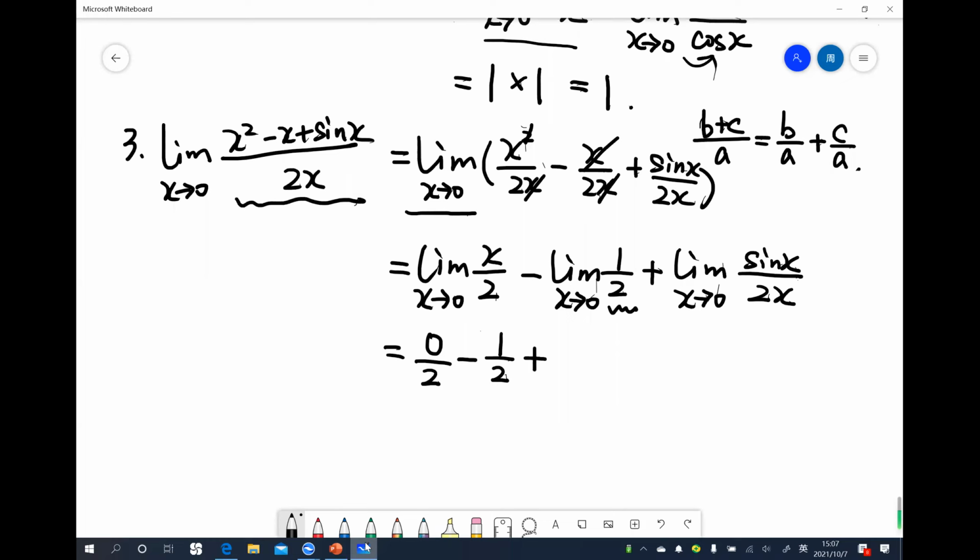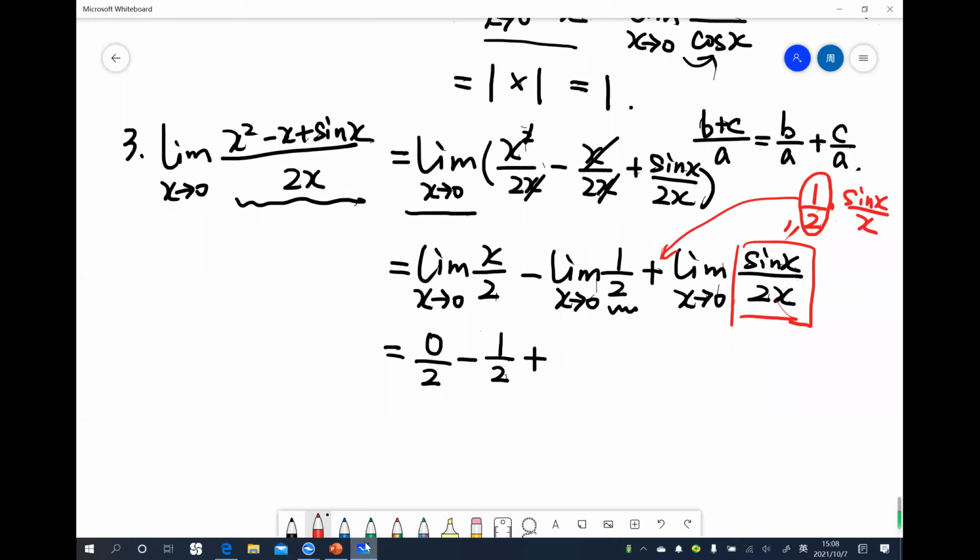And plus here, we can see sine x by 2x. Sine x by 2x can be written as 1 by 2 times sine x by x, right? And 1 by 2 is a constant. We can take this constant outside the limit sign.